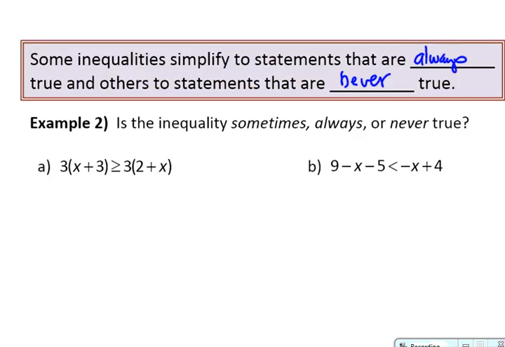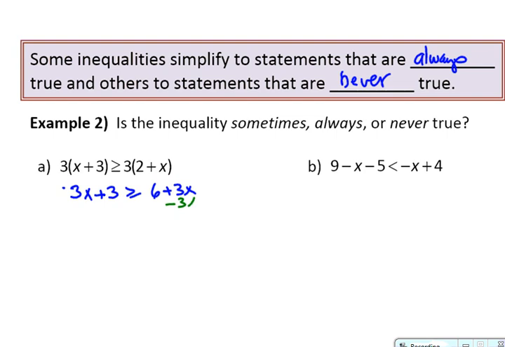All right, so other times it's going to be an always or never. Let's work these problems. This is going to distribute to get rid of our parentheses. So 3x plus 3 is greater than or equal to 6 plus 3x. Let's gather our x's to the same side.